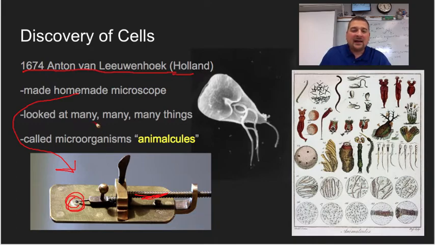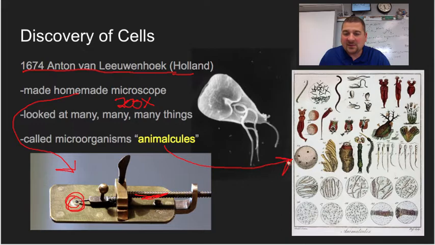And he began looking at many things. This microscope was one of the first to get over 200x magnification, so he began to see really tiny things. He just looked at everything. The local well, scrapings off of his teeth, and he noticed these little microorganisms swimming around.